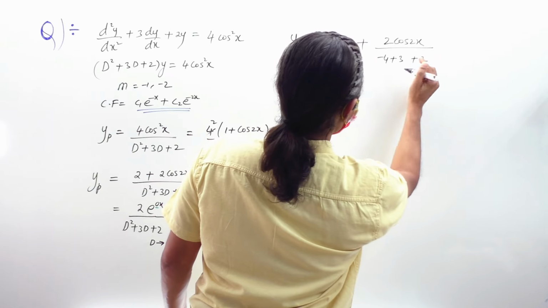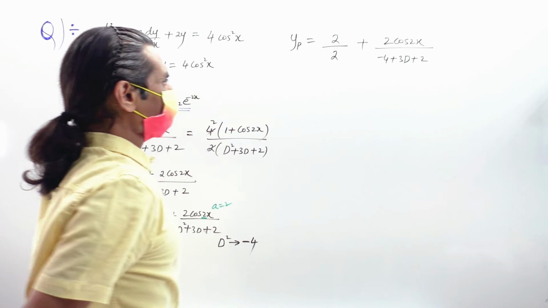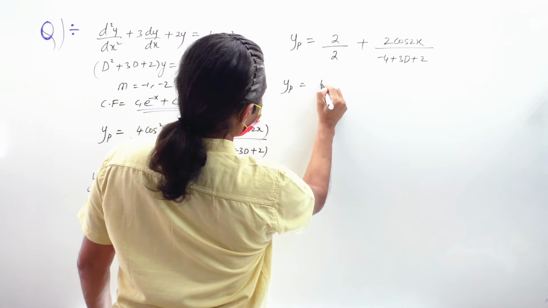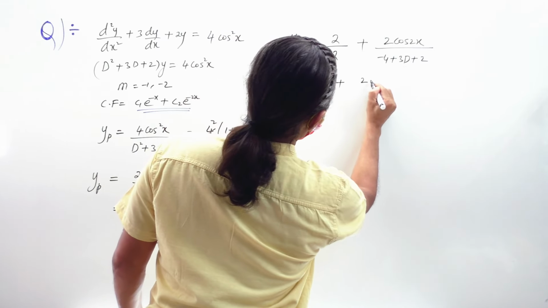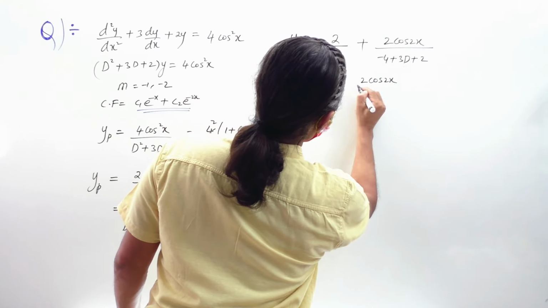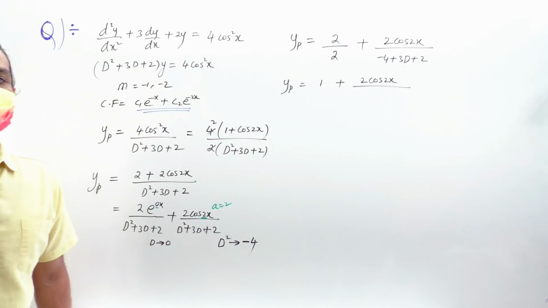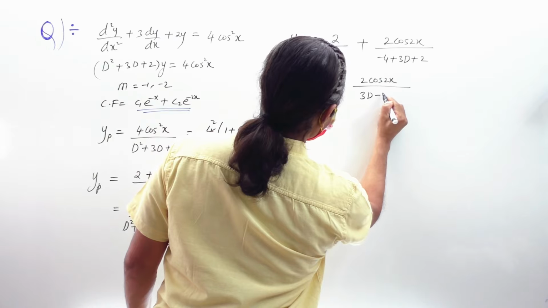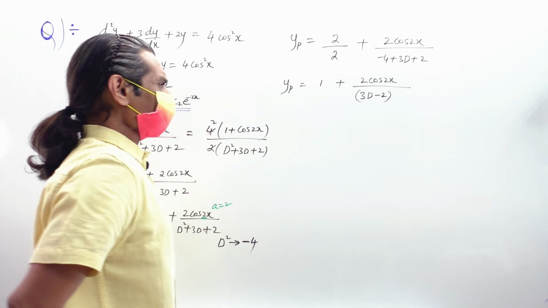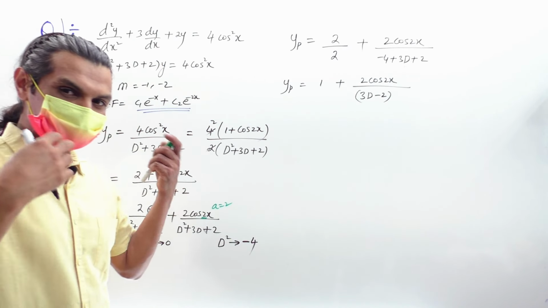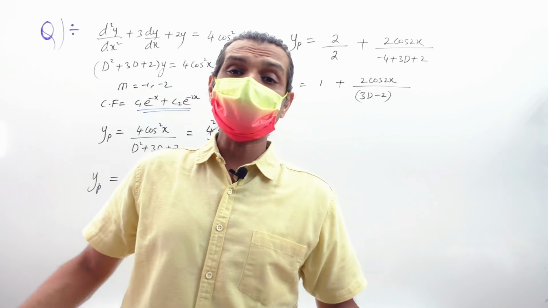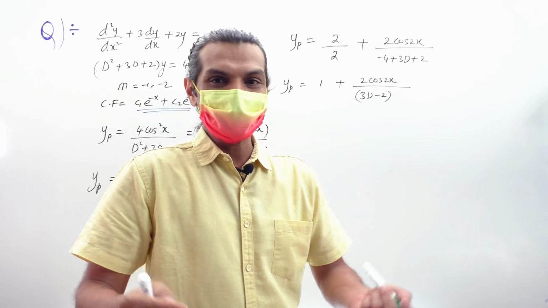Now 2 in the 2 gives 1, plus 2 cos 2x whole divided by, again as I told you, take always the positive terms first, 3d minus 2. Okay, we have till here. Again the things repeat: the numerator is sin or cos and the denominator is d plus or d minus. So what do we do?